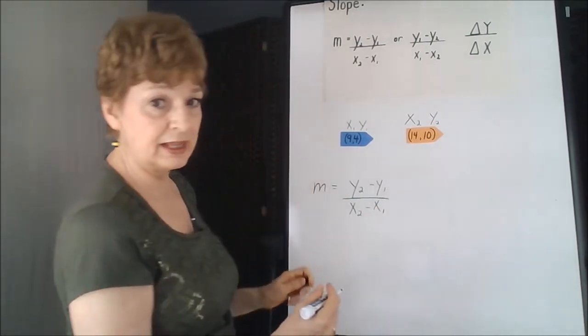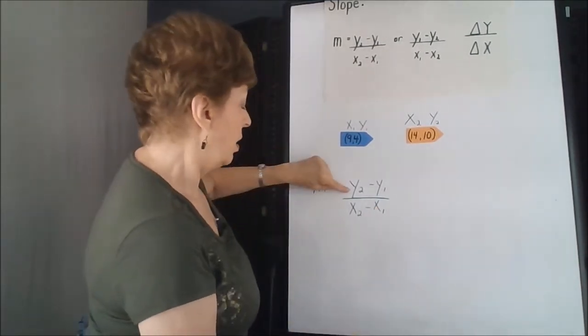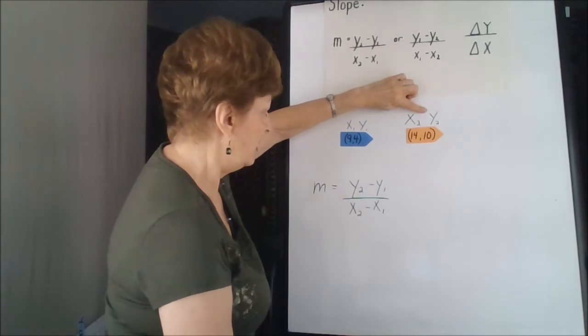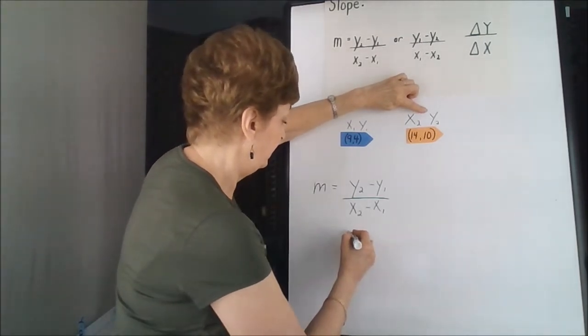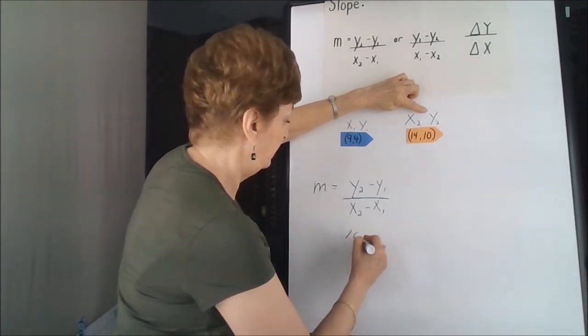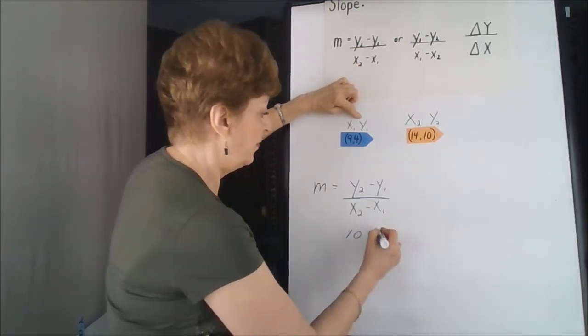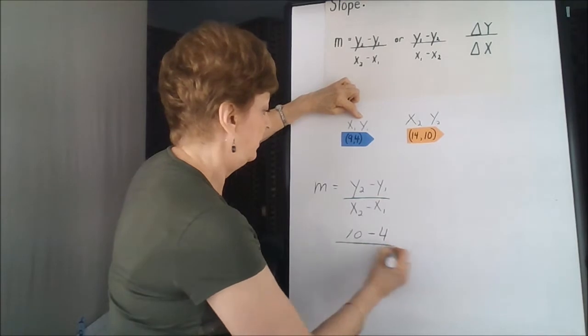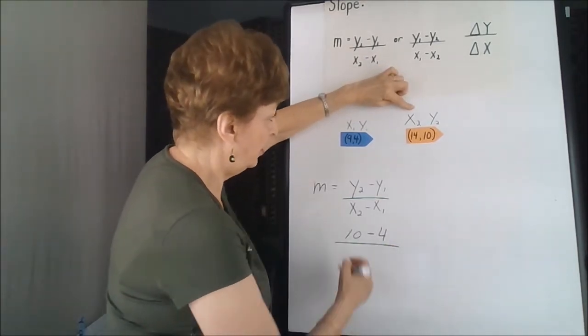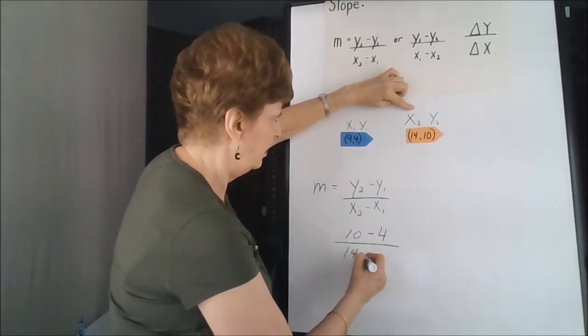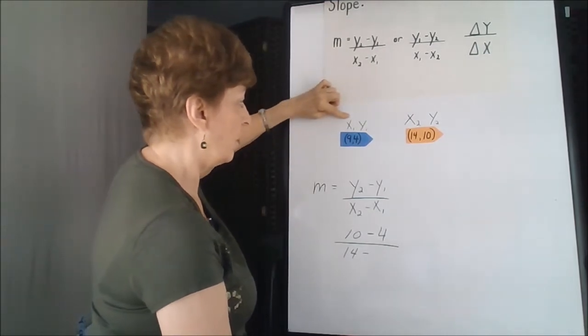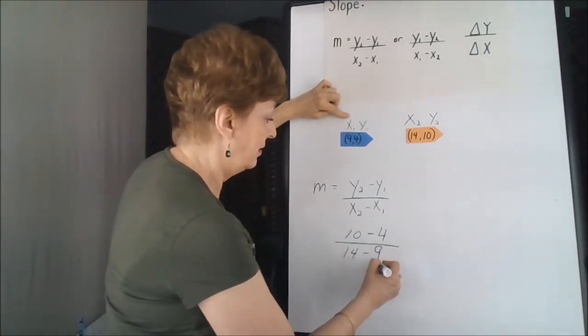So now we're going to fill in our values. y2 is 10 minus y1, which is 4. x2 is 14 minus x1, which is 9.